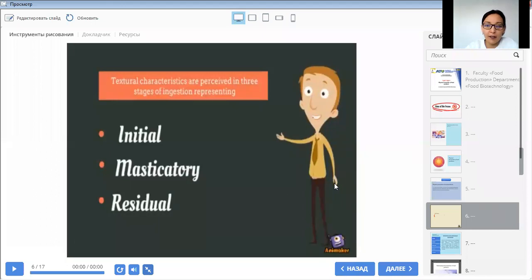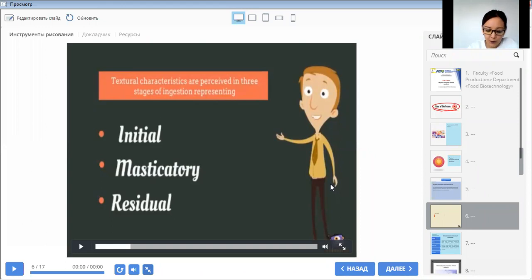The structural characteristics are preserved in 3 stages of ingestion of the food. They are initial, masticatory, and residual.